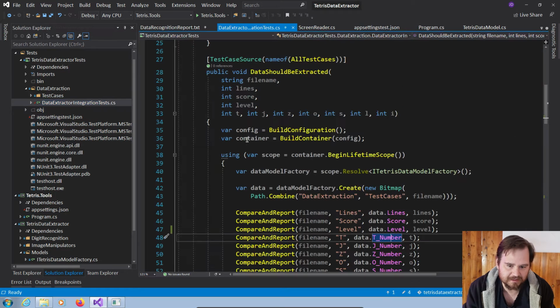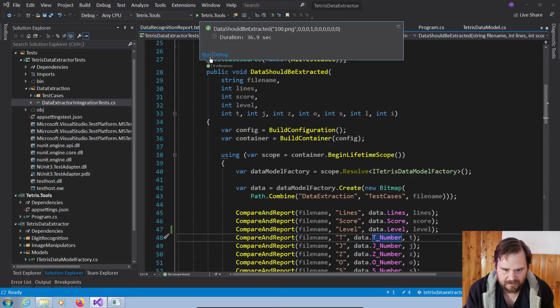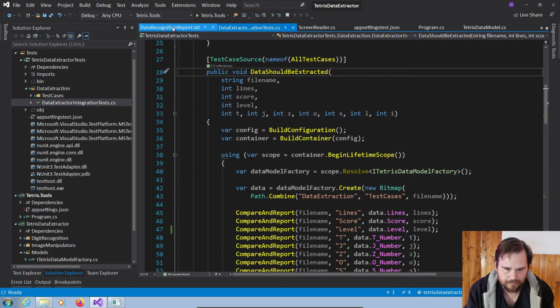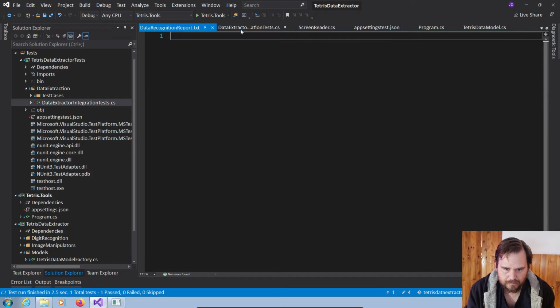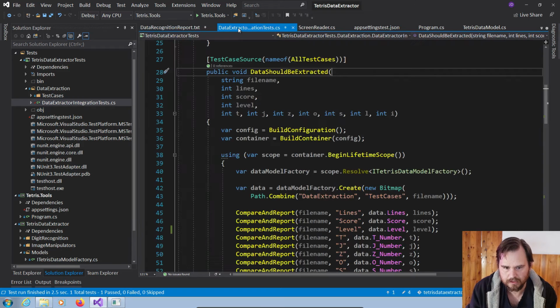All right, let's try this again. We'll just run it. We'll run it instead of debugging it. It'll run through to completion, and we'll have a look at the... Look at that, you guys. The data recognition report is empty.